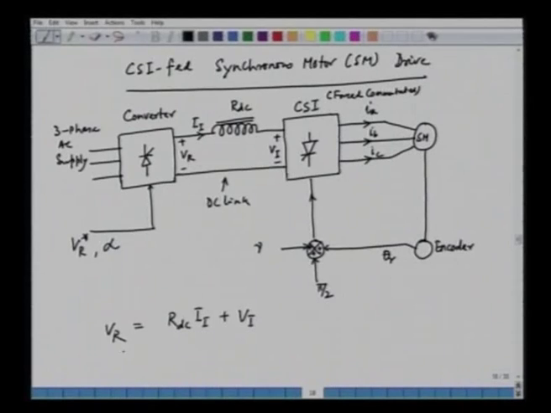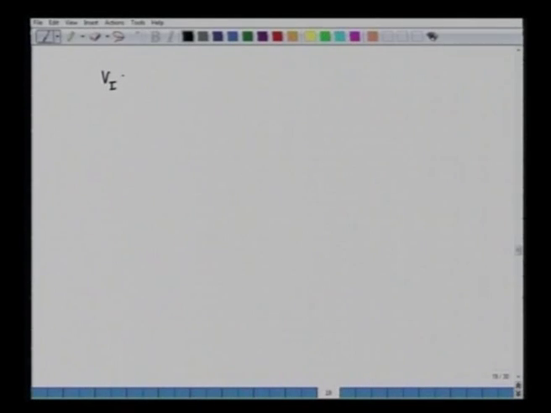So, if we multiply with II, we can say that VR into II is equal to RDC into II square plus VI into II. So, this is an interesting equation, and the CSI input power is VI into II. If we do some mathematical rearrangement here, VI into II is equal to VR into II minus RDC into II square.